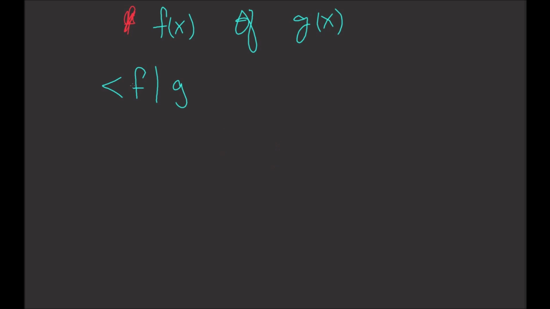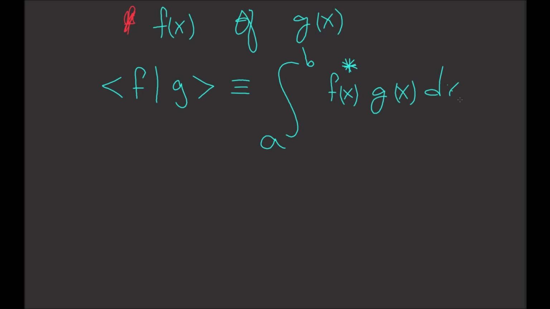So the inner product between f and g is defined as the integral from a to b of f of x complex conjugate times g of x dx. So the bracket, or the inner product, of these two functions is nothing but the integral from a to b of f star times g dx. So this is going to be very, very important.